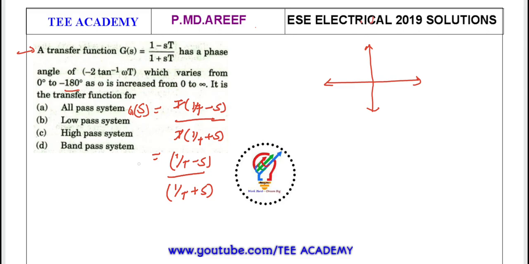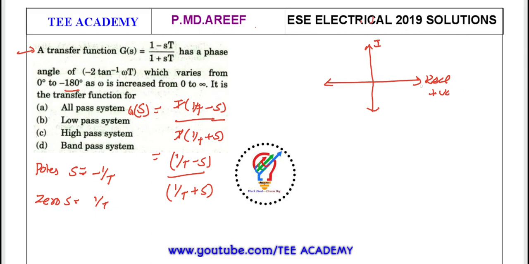Now we will get the poles and zeros. What are the poles here? The pole is s = -1/tau, and there is one zero here, s = +1/tau. If we draw this on a pole-zero diagram, here we have the imaginary axis, we can call it the j omega axis, and here is the real axis or sigma axis.